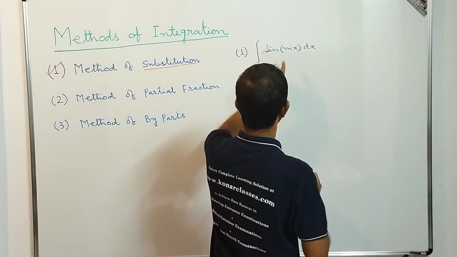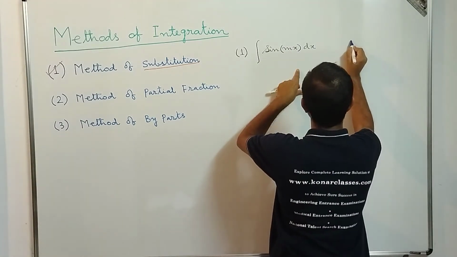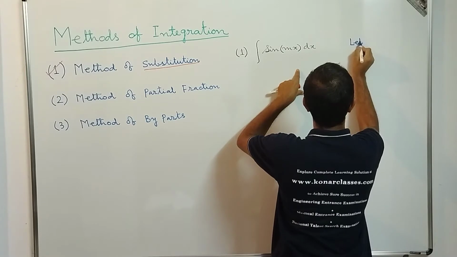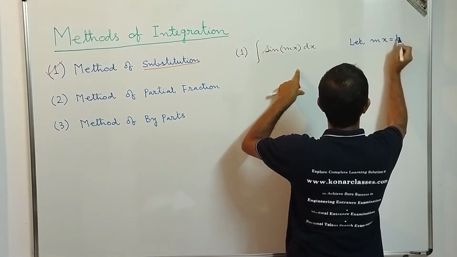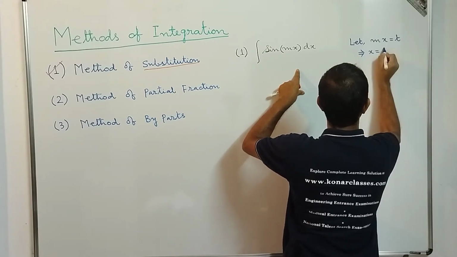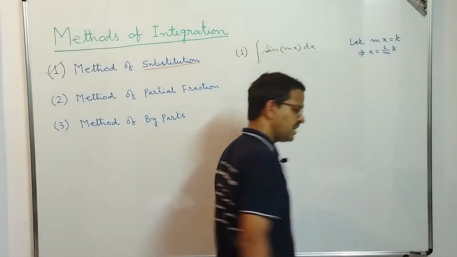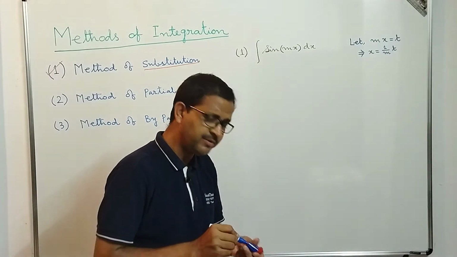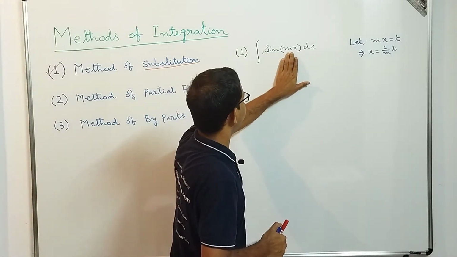So we will substitute mx by t. Let mx is equal to t. That implies x is equal to 1 by m into t. Now you may have a question: sir, how do you know that I need to make this substitution?